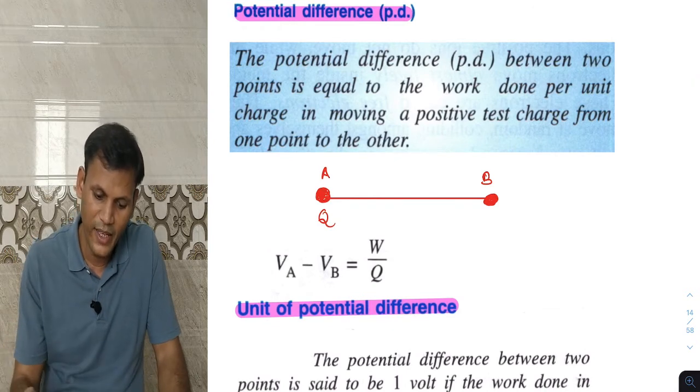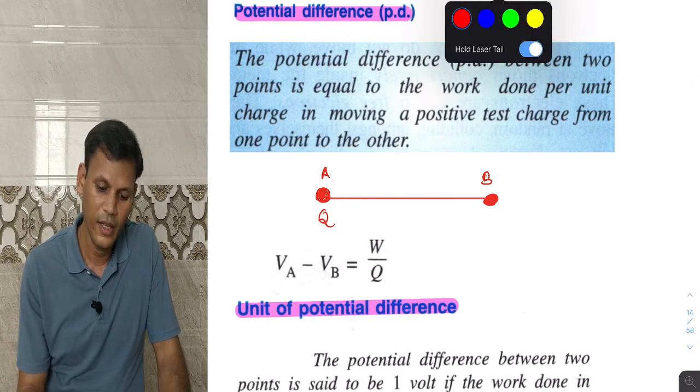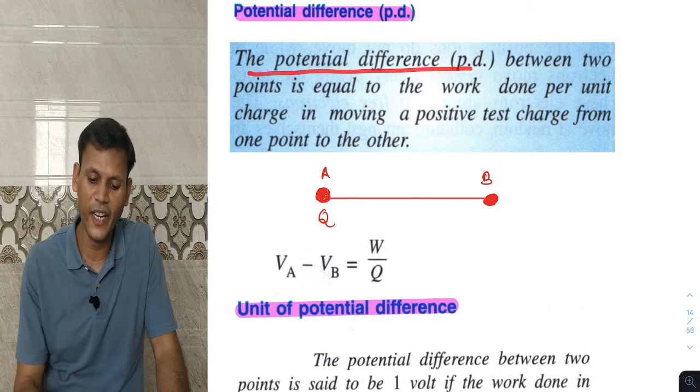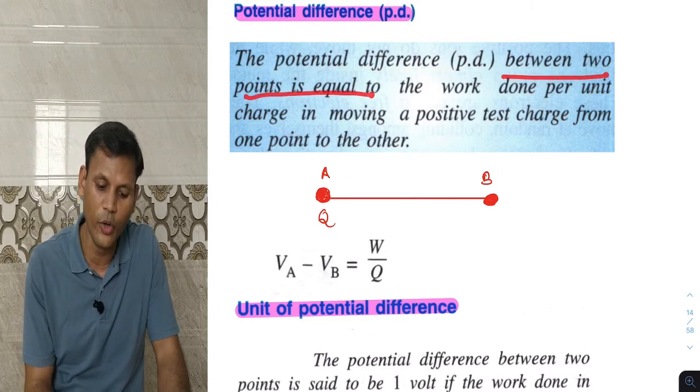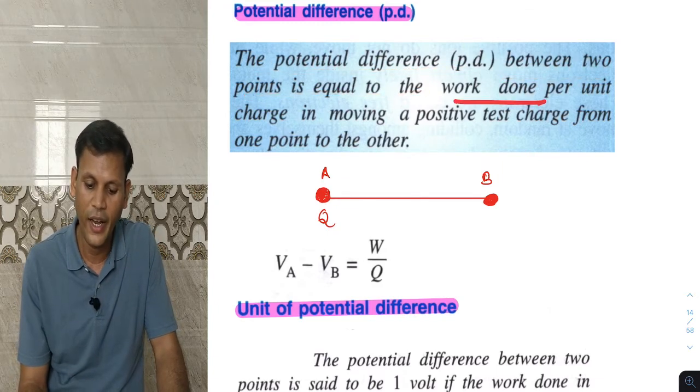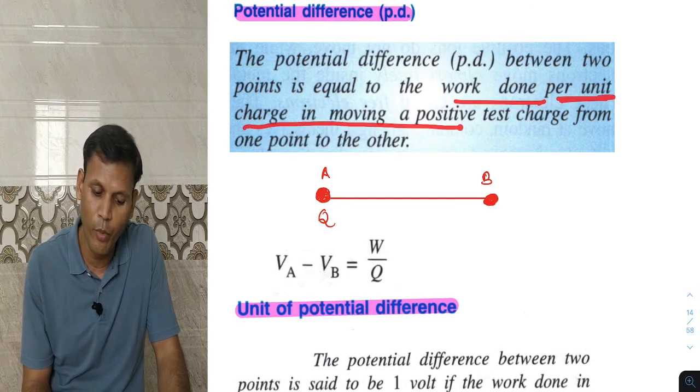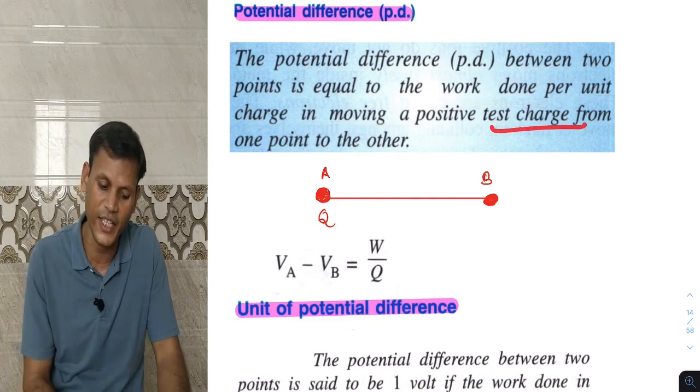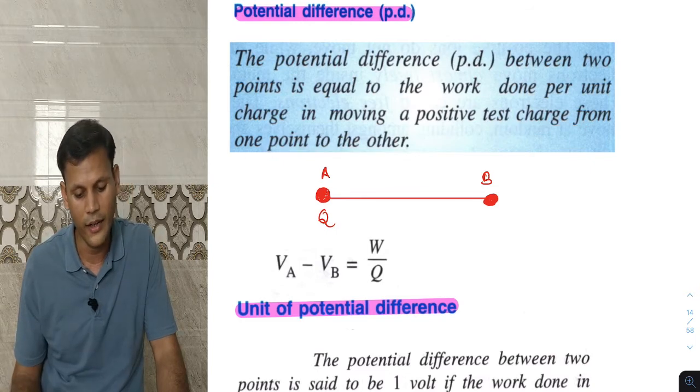So, similar concept as the earlier one: the potential difference between 2 points is equal to the work done per unit charge in moving a positive test charge from one point to another point.